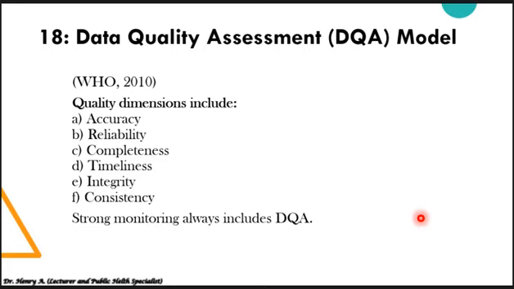It must have integrity and must be consistent. So that is all that you need to have in front of your mind concerning the quality dimensions needed for the DQA model. Like I said, the data must be accurate, reliable, complete, timely, have integrity, and be consistent.